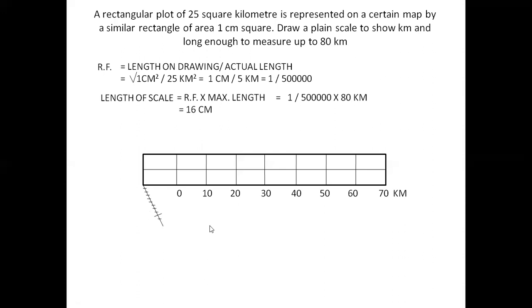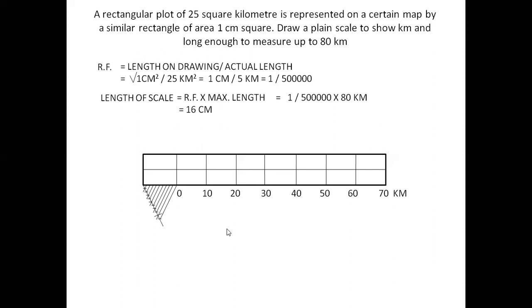Now we join this last division to 0 and then draw the parallel lines from each division like this. So in this way we divide this first part into 10 equal number of parts. This construction is called division of line as we taught earlier.